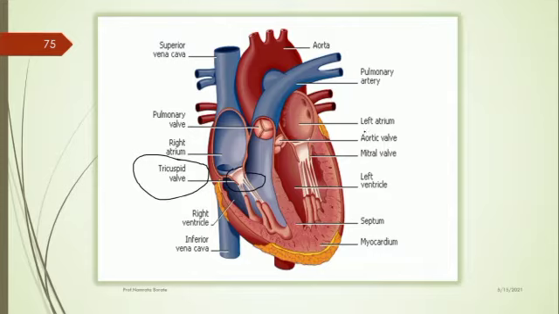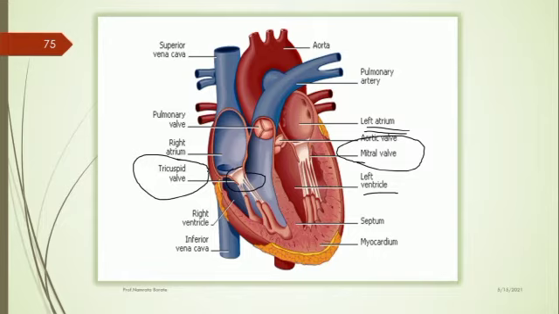On the left side, the left atrioventricular opening is guarded by a bicuspid valve, or it is called the mitral valve.